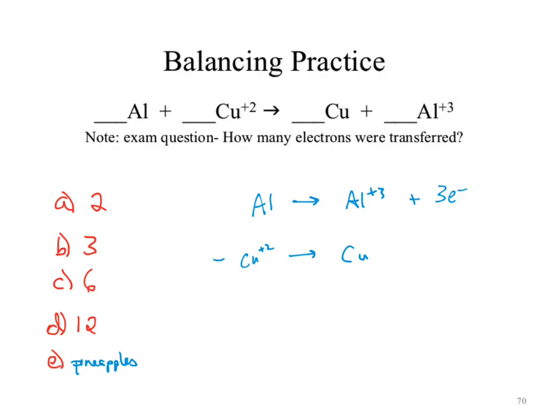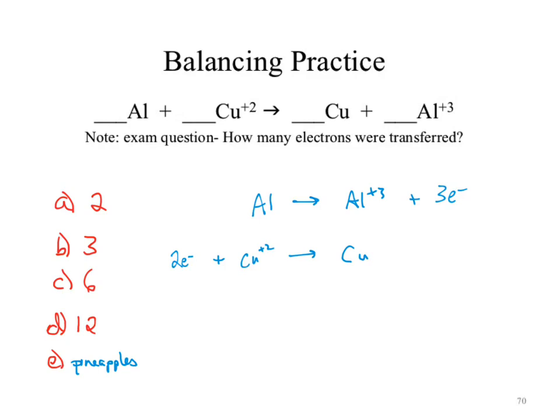By inspection, which is just doing our atom approach, we're going to have to split this into half reactions, okay? Or at least it's easier to balance by half reactions. If we added these up, the electrons wouldn't cancel out. So what we said is we need the lowest common multiple between our electrons. So we have 3 electrons versus 2 electrons. What's our lowest common multiple between 2 and 3? 6.